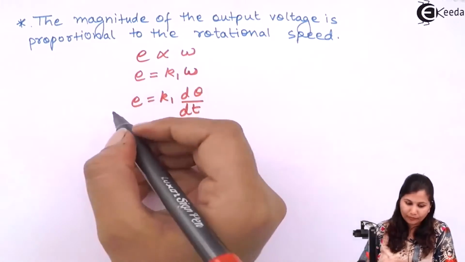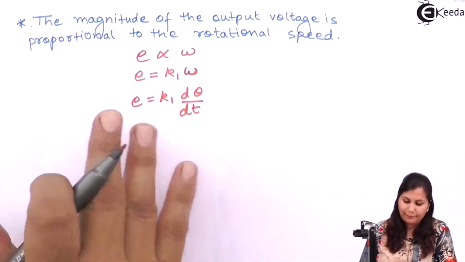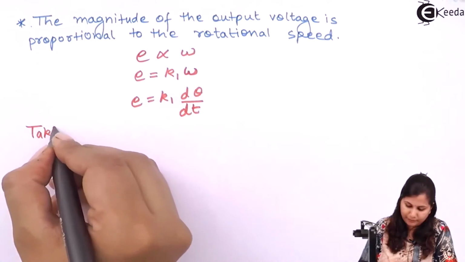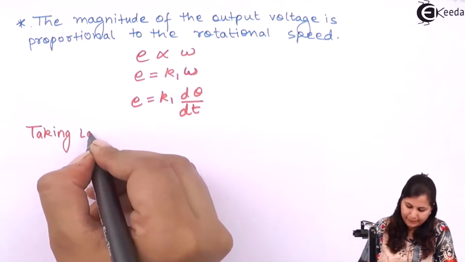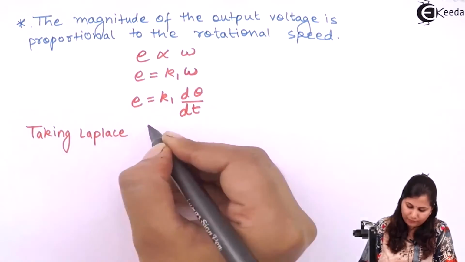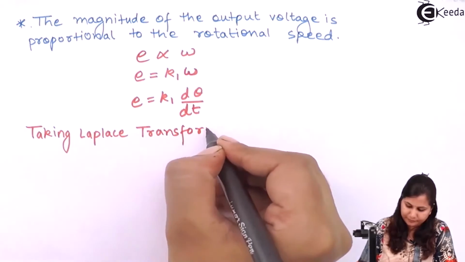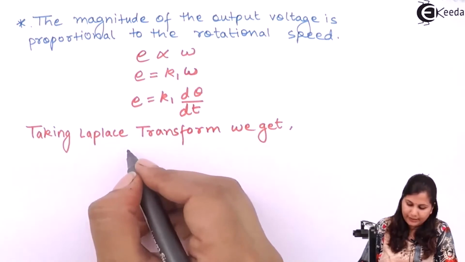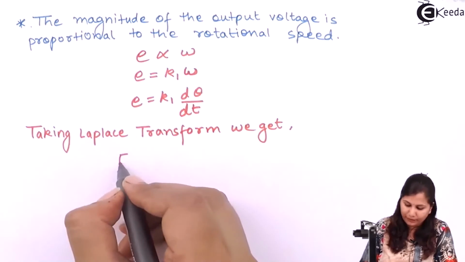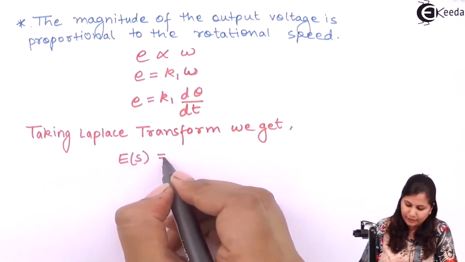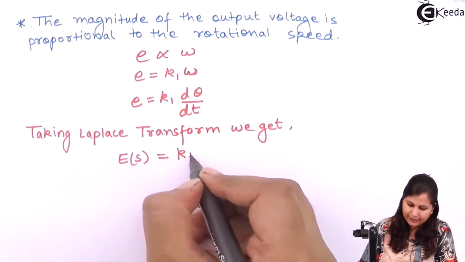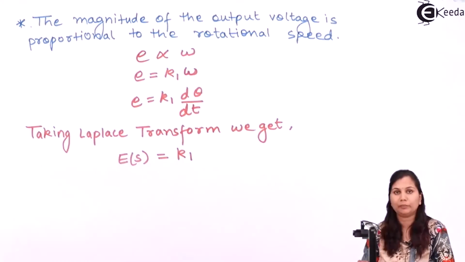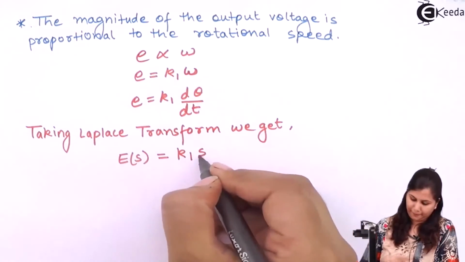Okay, now if we take the Laplace transform of this equation, we get the Laplace transform of E will be E(s), the constant will be as it is, and the Laplace transform of d theta by dt will be s theta(s).